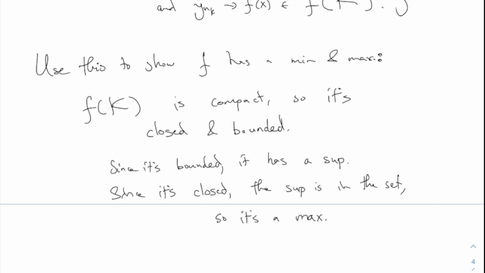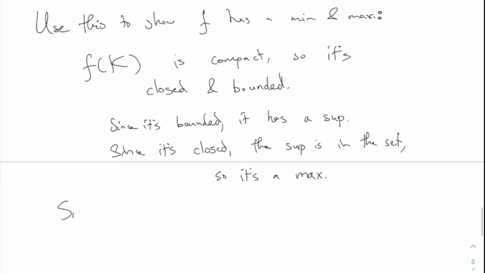So I will just say similarly, the min exists because the inf is in the set. The inf exists because it's bounded, and the inf is inside the set because it's closed. Right?